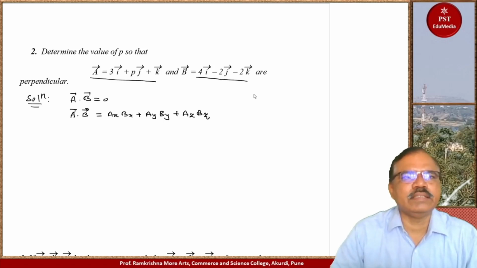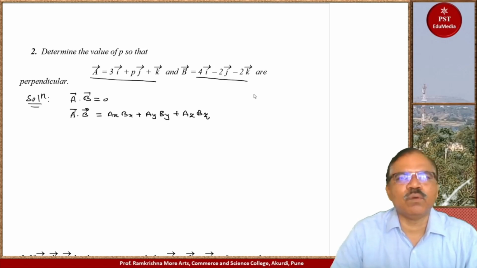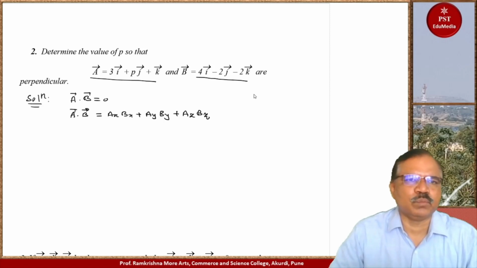So AX is 3, AY is p, and AZ is the coefficient of k, that is 1. And here BX is 4, BY is minus 2, BZ is minus 2. So we can write this as 3 into 4 plus p into minus 2 plus 1 into minus 2.